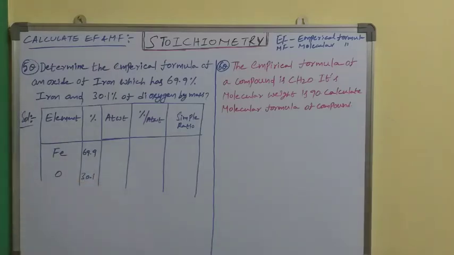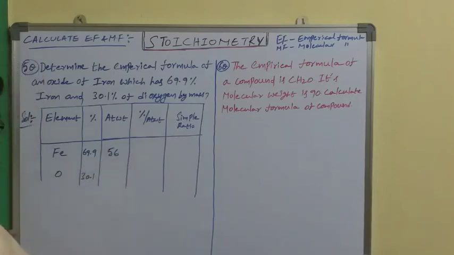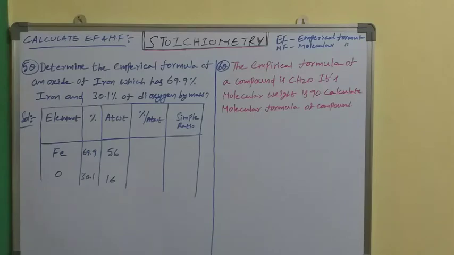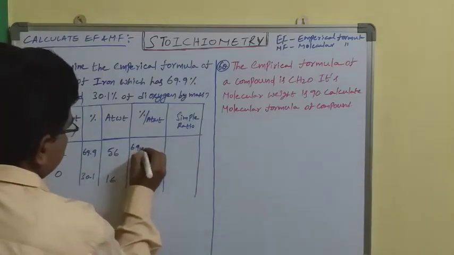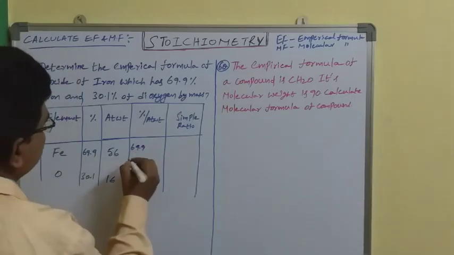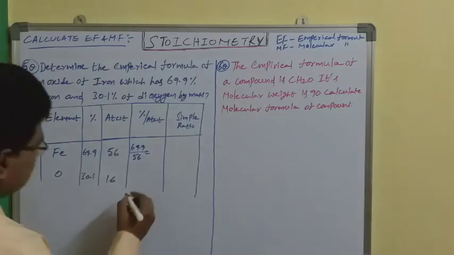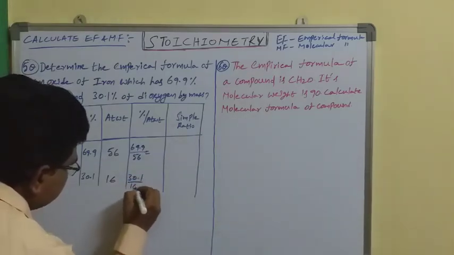Atomic weight: what is the atomic weight of iron, students? 56. Oxygen 16. Percentage by atomic weight: 69.9 divided by 56, and 30.1 divided by 16.